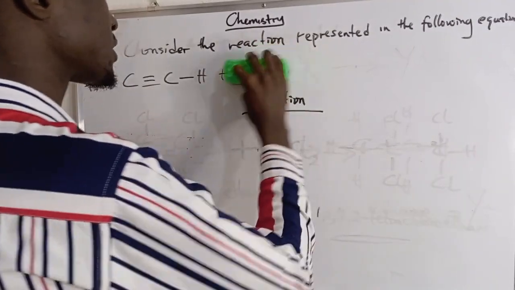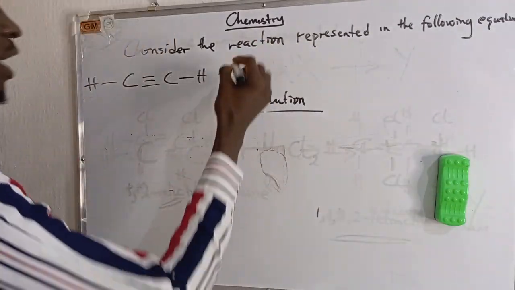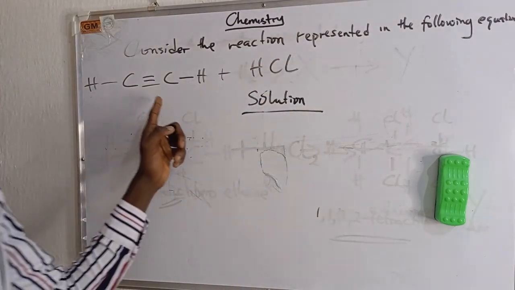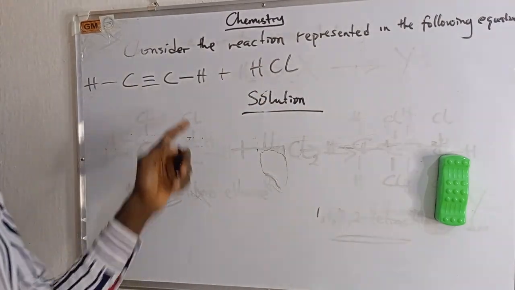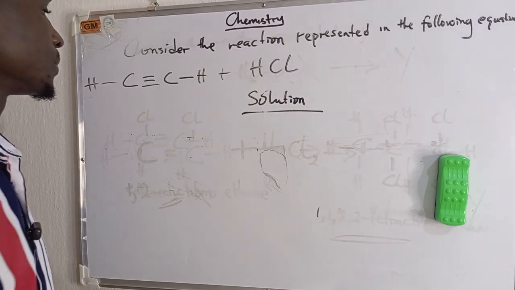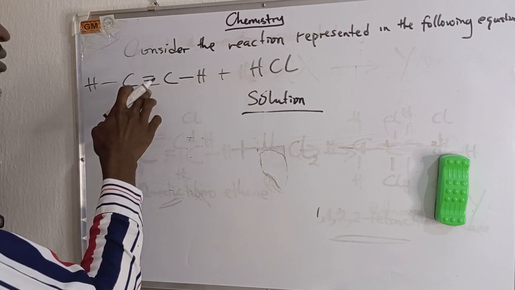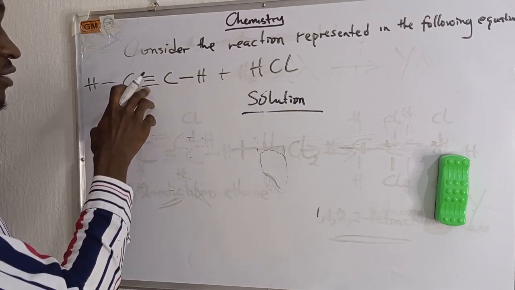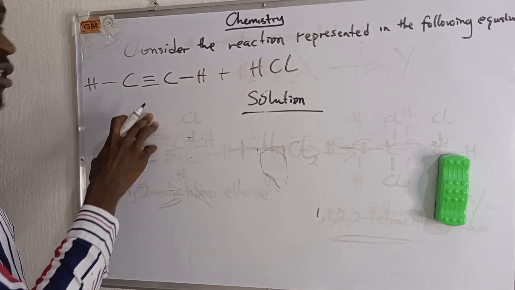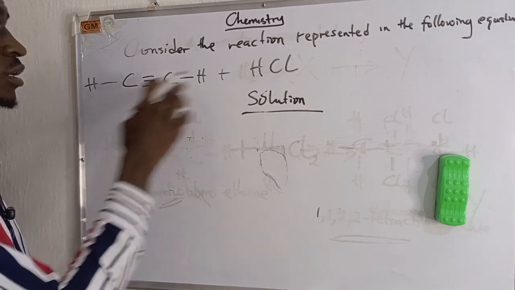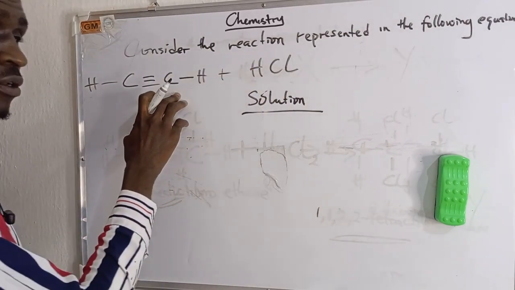Now, when we are adding HCl to this, it will also occur in the presence of a catalyst. Now, when this occurs, hydrogen will break the first pi bond, and hydrogen will be attached to one carbon. Chlorine will be attached to the second carbon.